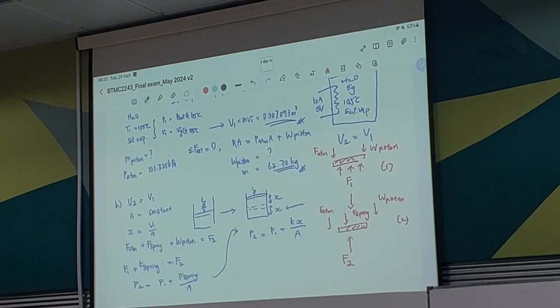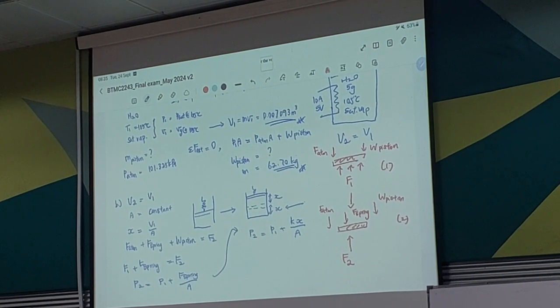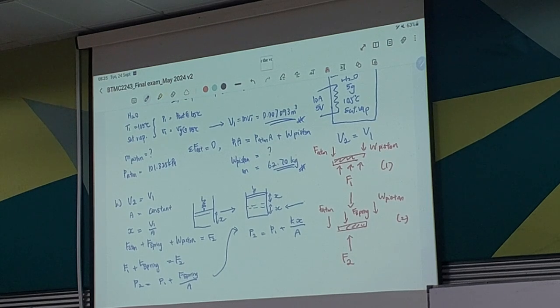Basically the increase in x is just the initial x, the initial distance. So after it has doubled, from x it becomes 2x, basically that. So all you need to find is x. x is just volume over area. So you sub this in, P2 should be approximately, won't be exact, it's actually 199.9, but it will be approximately 200 kilopascal.